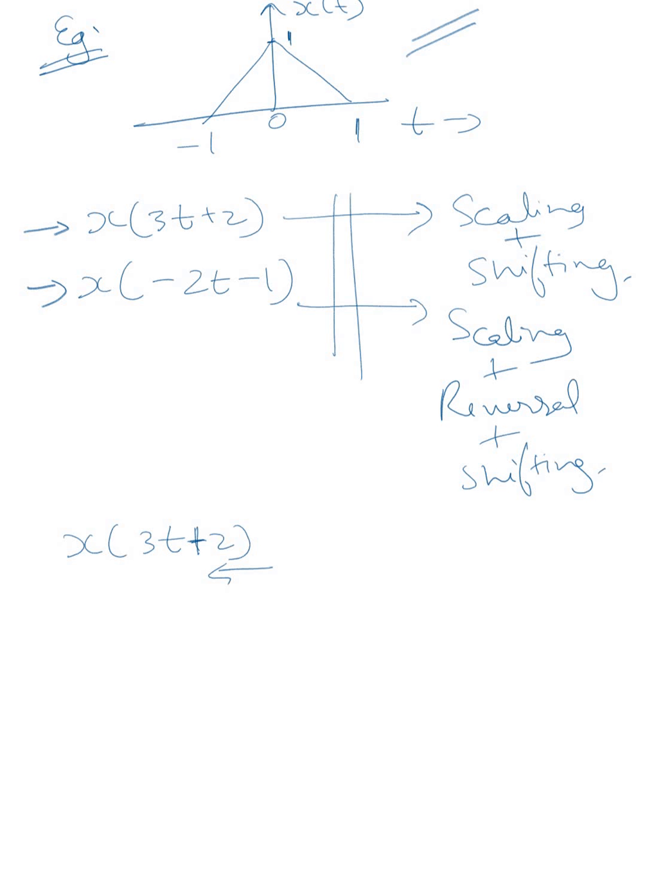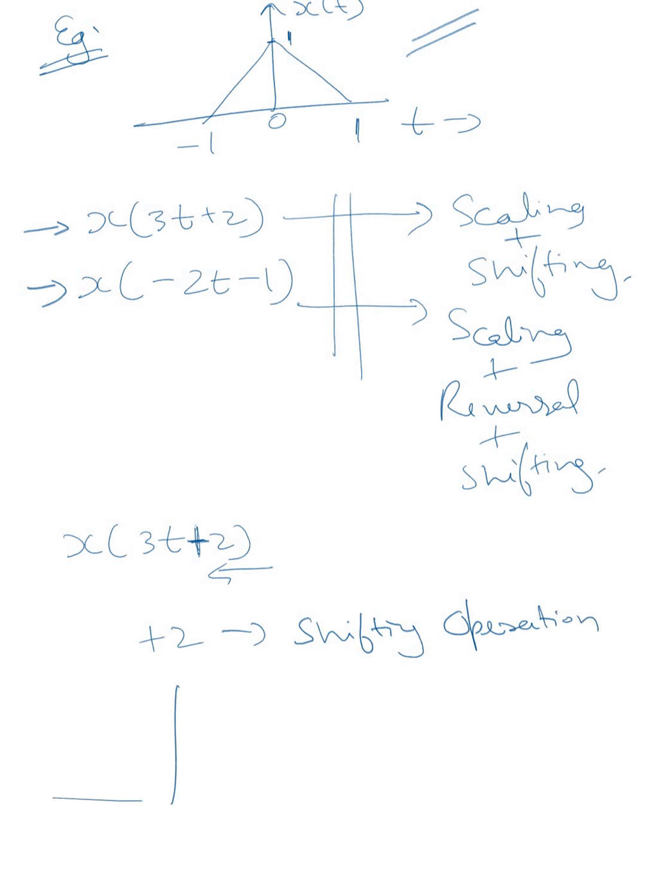So when we start from the right side, the first transformation we can see is plus 2, which is your shifting operation.